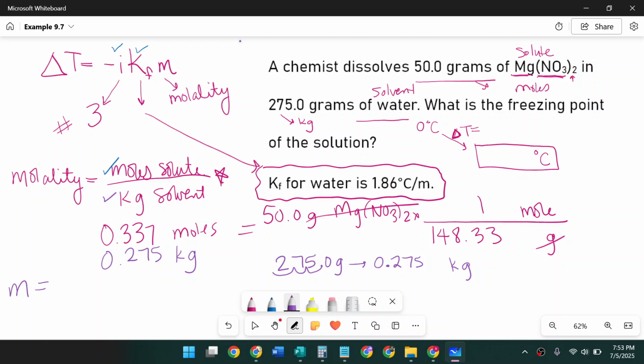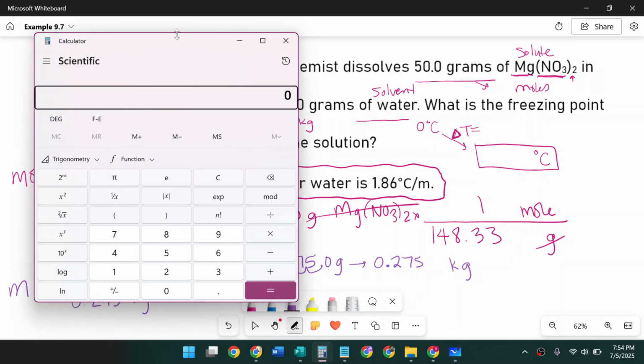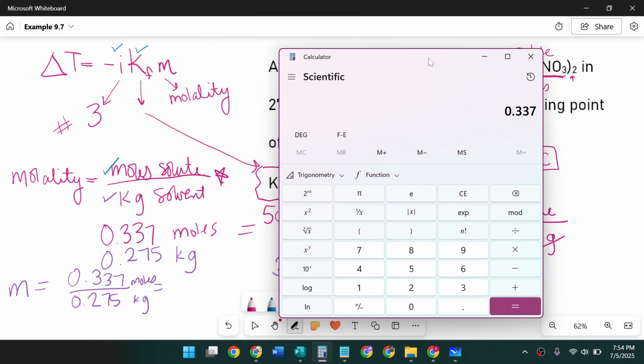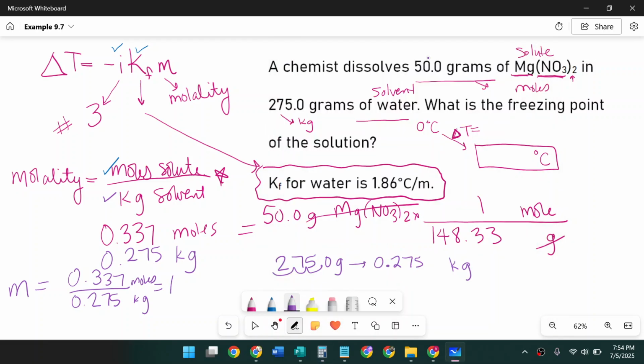So our little m is going to be the moles divided by the kilograms. 0.337 divided by 0.275. All right, so we get to keep 3 significant digits, so that's 1.23 m. So we now have everything we need to solve this.